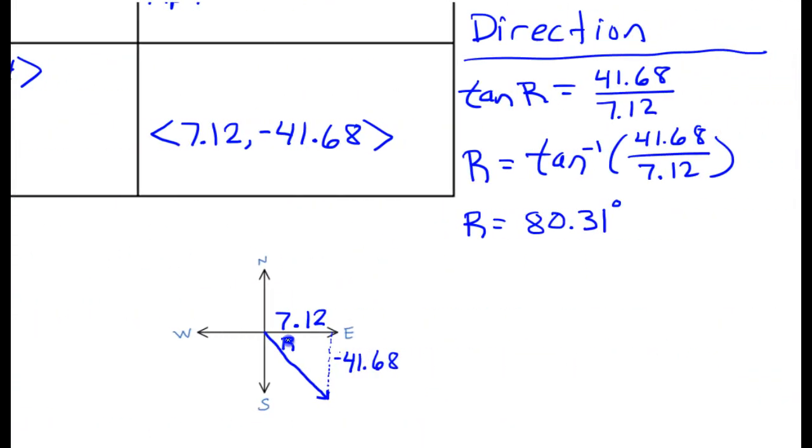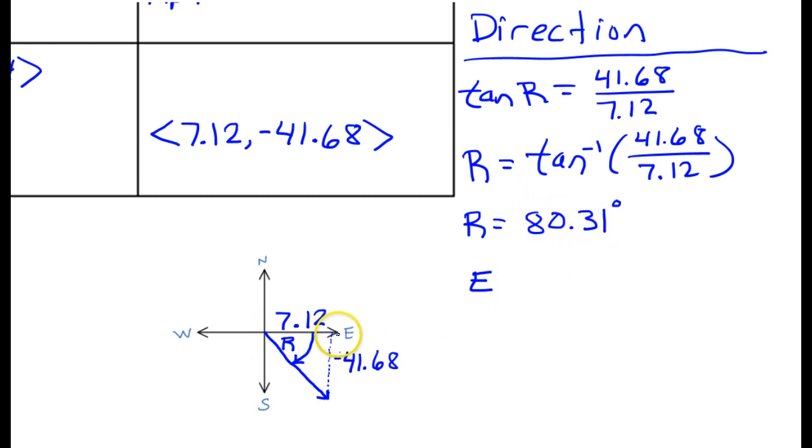Well, since we have the reference angle anyway, we might as well use it. So let's see. We could think of this position as starting from the east. So I'm going to say east. And then we can think of this as moving r degrees towards the south. And r was, of course, 80.31.